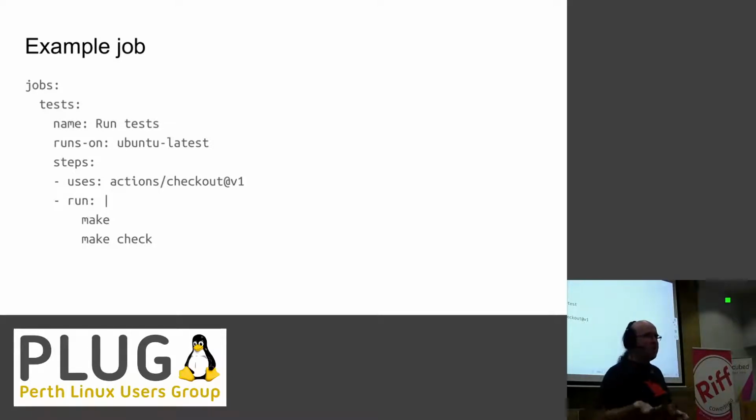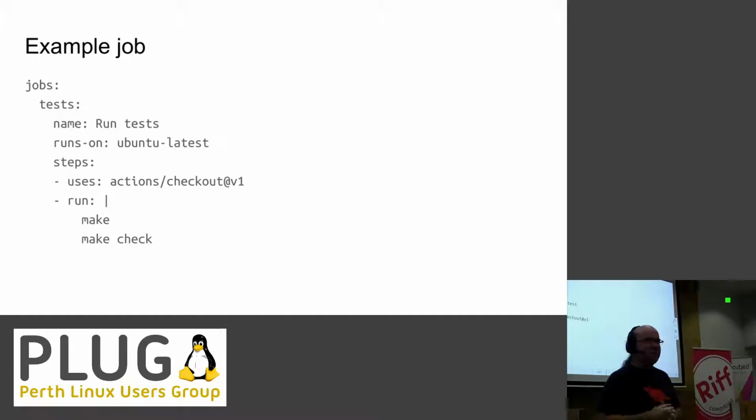These images are provided by GitHub, and they control what they point at. For Ubuntu, I think at the moment they provide Ubuntu 16.04, 18.04, and 20.04. I think there are one or two Windows and one or two macOS images.